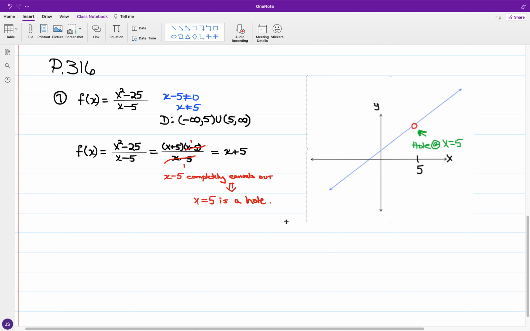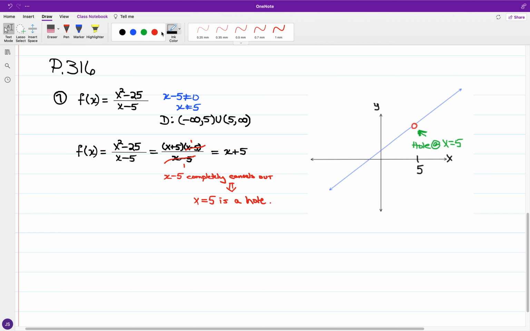So for what we have in this case, we have our function f of x, which again is equal to x squared minus 25 over x minus 5. Now, if you notice, the ratio does reduce to x plus 5, and had the function been given as y equal to x plus 5, I would have a line that is running continuously.